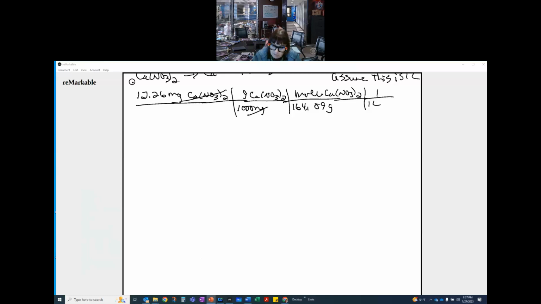So I take my 12.26, I divide that by 1,000. I then divide by 164.09, and that gives me 7.47 times 10 to the minus fifth. And that's equal to the Ca(NO3)2 concentration.